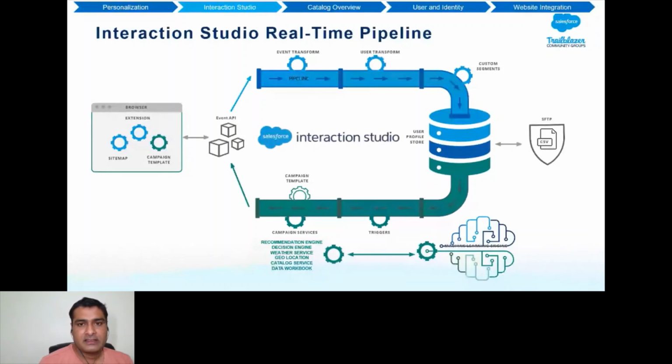After that, there are certain segmentation rules in Interaction Studio which run, and they categorize whether that customer is part of one or many custom segments. After this entire process is done, you have that data of the customer in your user profile store.